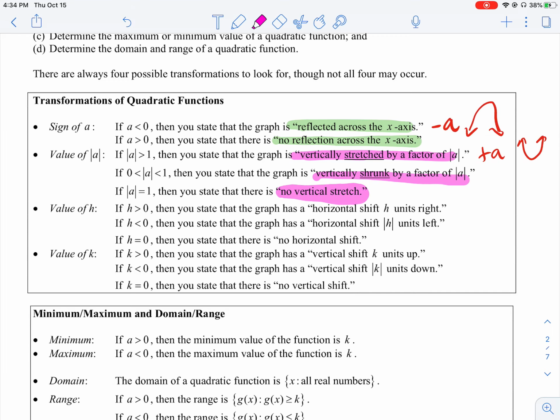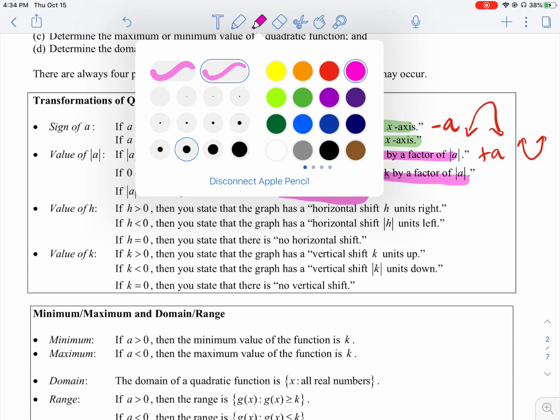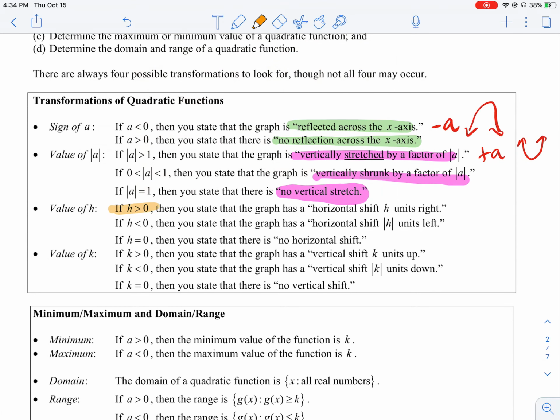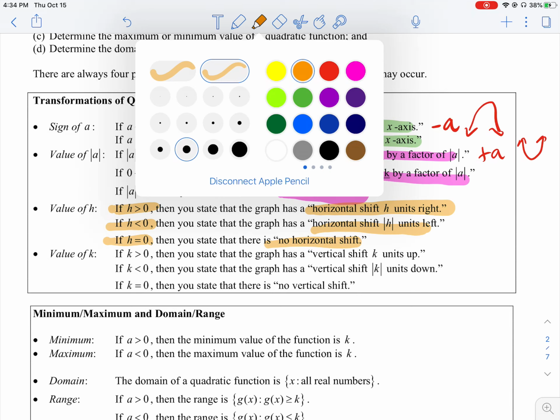Let's move on to h. If h is greater than 0, or if h is positive, I'll say that I have a horizontal shift to the right. If h is less than 0, or if h is negative, I have a horizontal shift to the left. And if h is 0, I have no horizontal shift.